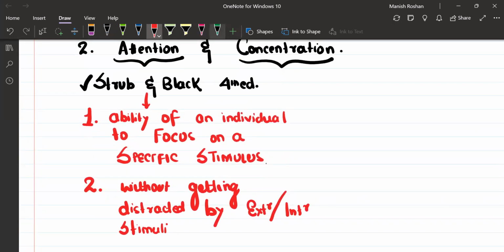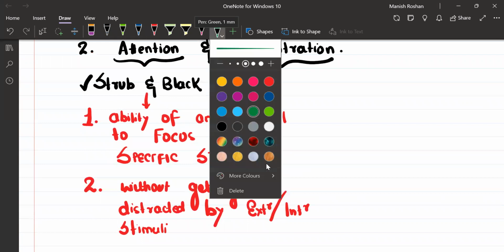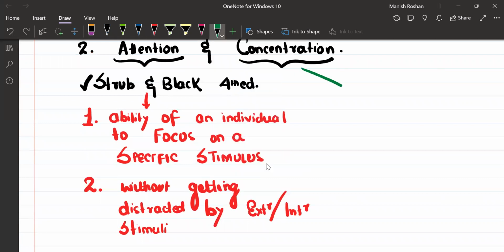Similarly, let us look into the definition of concentration according to Strub and Black, the same textbook. It is a very standard textbook for neurocognitive functions, so do refer to it.